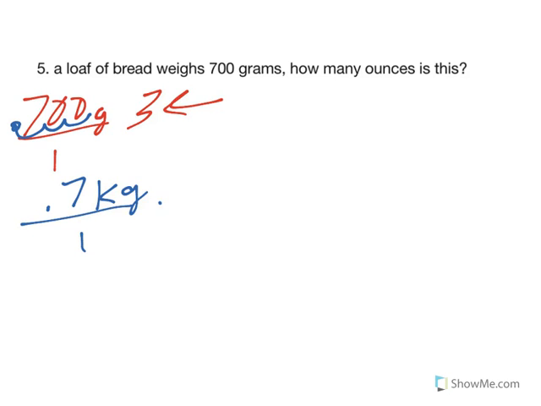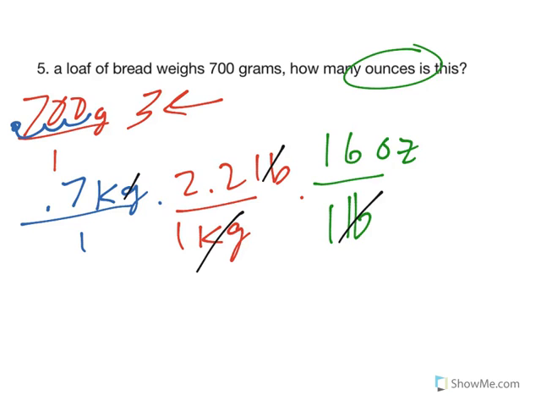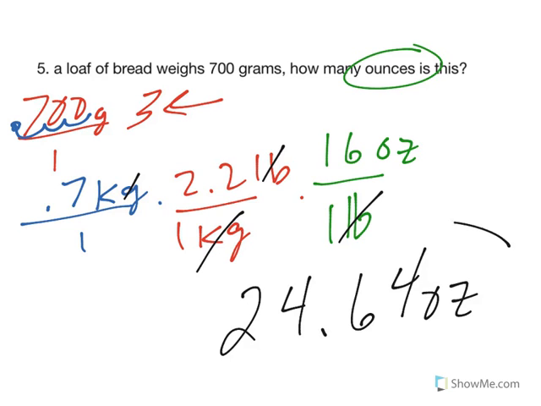That allows me now to use 1 kilogram is 2.2 pounds. But I don't want to be in pounds, I want to be in ounces. So 1 pound is 16 ounces. That allows my pounds to cancel out, my kilograms to cancel out, and I end up with 24.64 ounces.